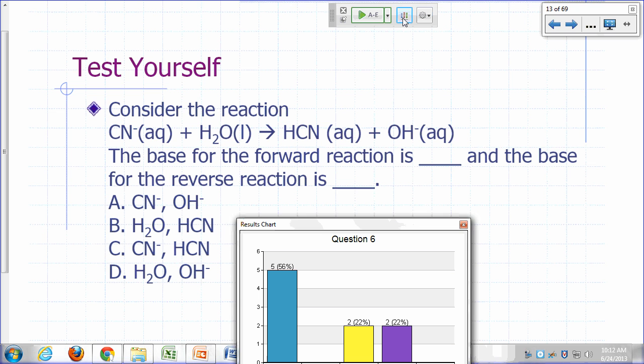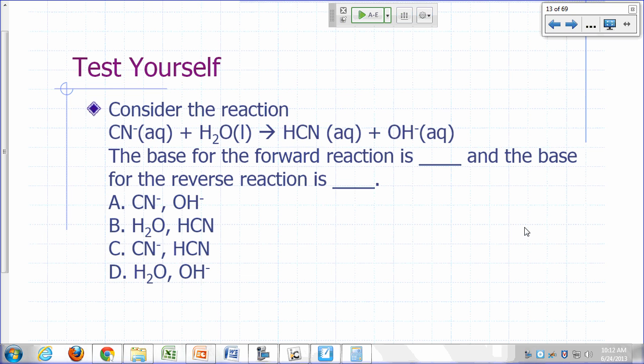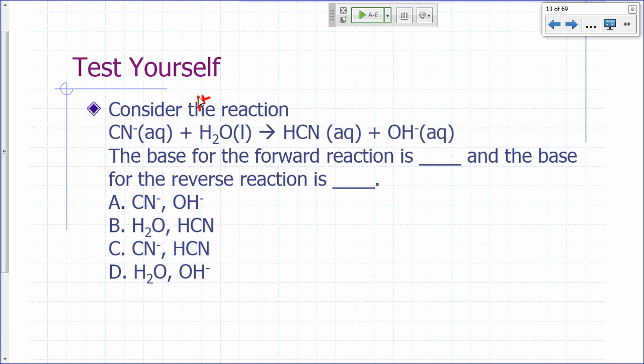So, what's the base? The acceptor. What happened here? This H2O lost a proton, right? It transferred over to the cyanide to give you HCN. So what's the base for the forward reaction? The cyanide. Okay, and that's the acceptor, right?